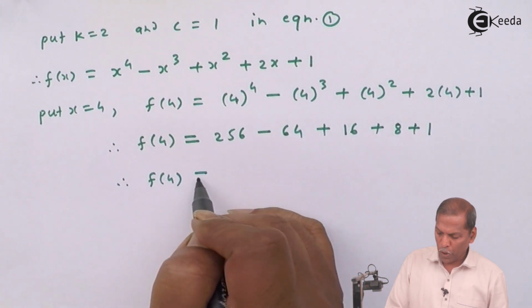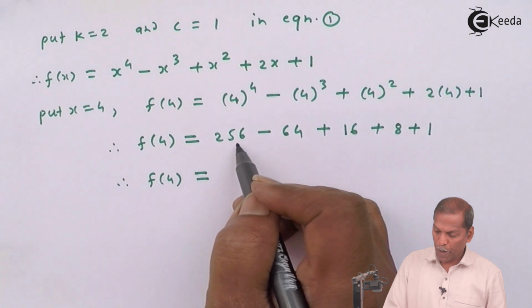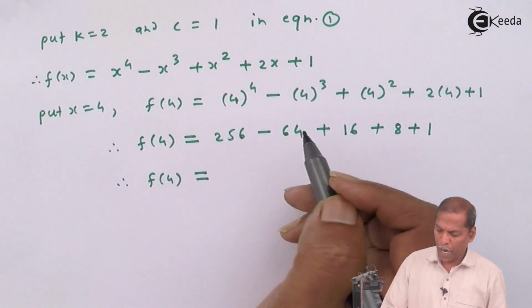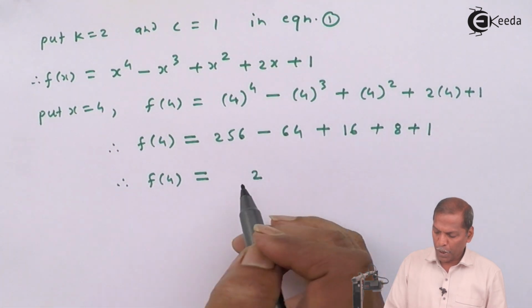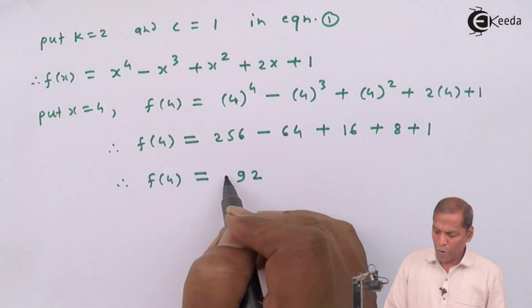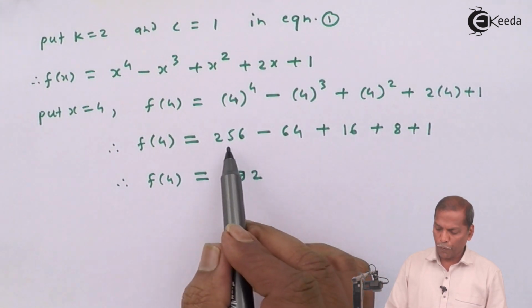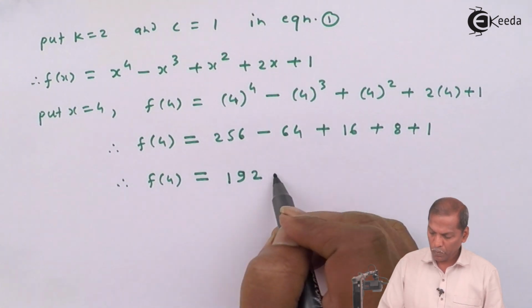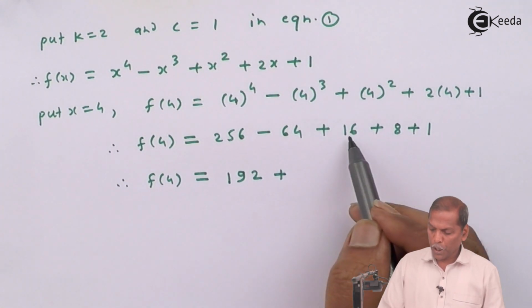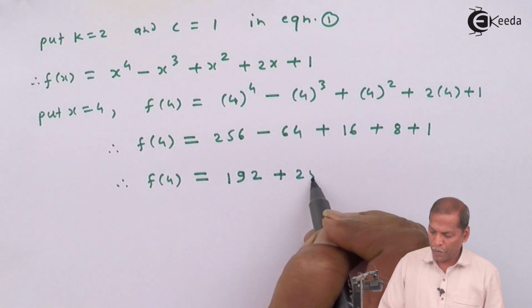So f of 4 is equal to, so on simplifying this, 256 minus 64 gives us 192, plus, now 16 plus 8, 24 plus 1, 25.